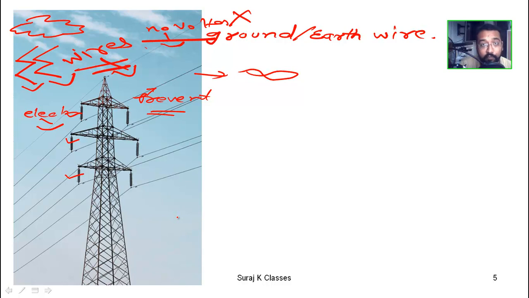Or the transformers installed at substations may be burned out. To prevent these hazards and accidents, a ground wire is put at the top of the tower.